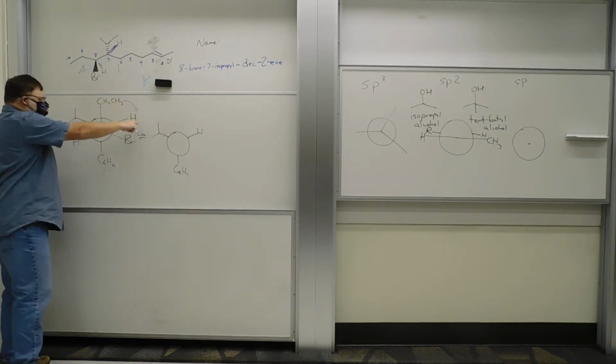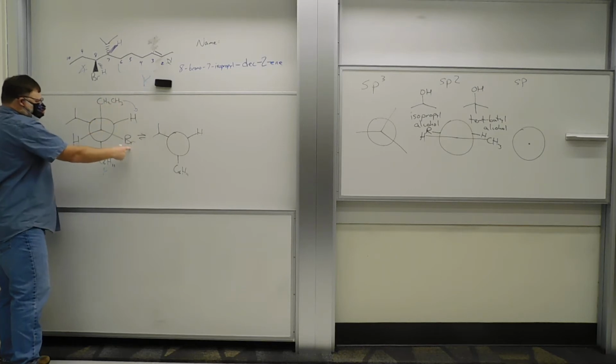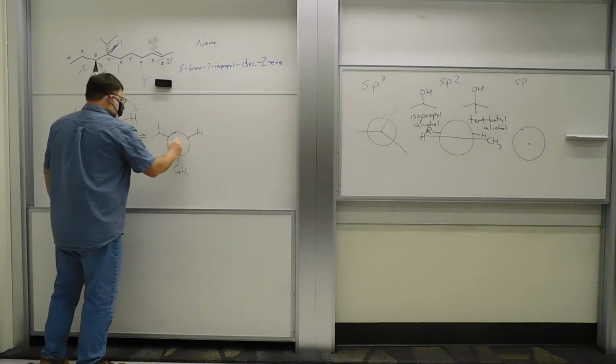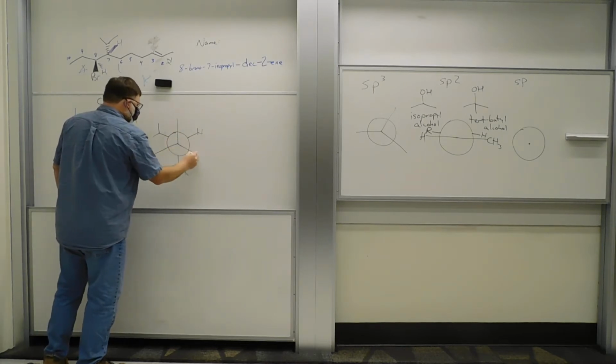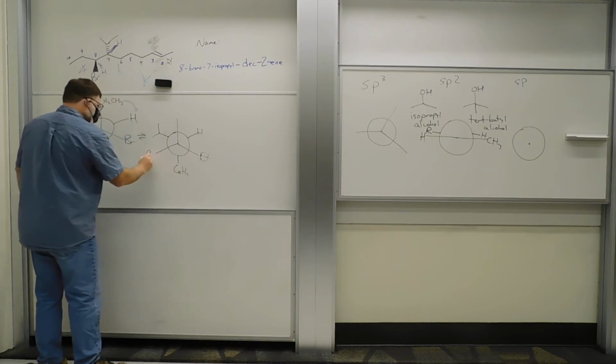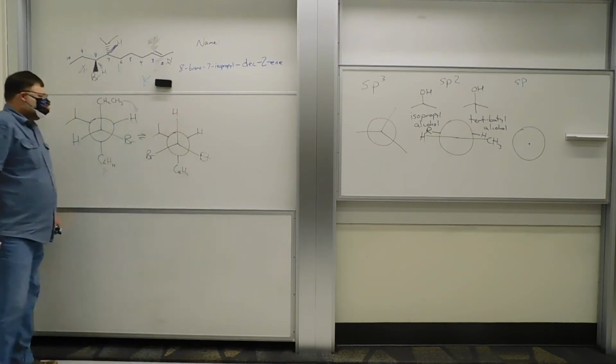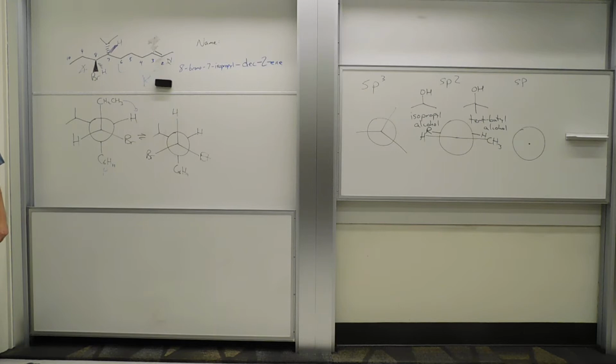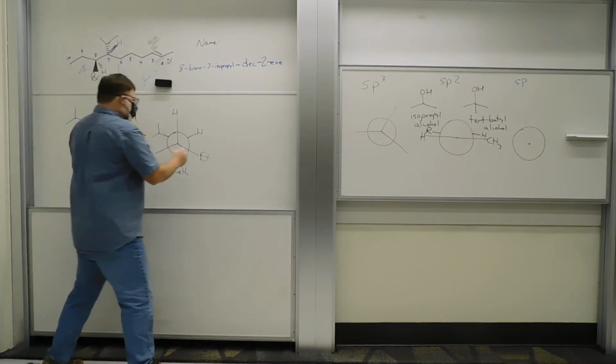I'm going to go 120 degrees. So I'm going to bring the ethyl down here, the bromine over here, and the H up. It's going to be staggered, so there you go. Ethyl, bromine, H. Right? And now the next one is just another 120 degrees.